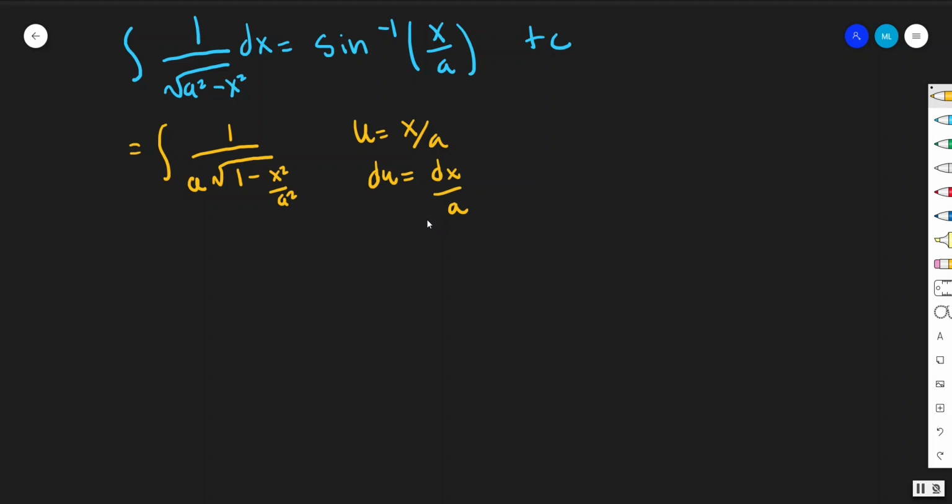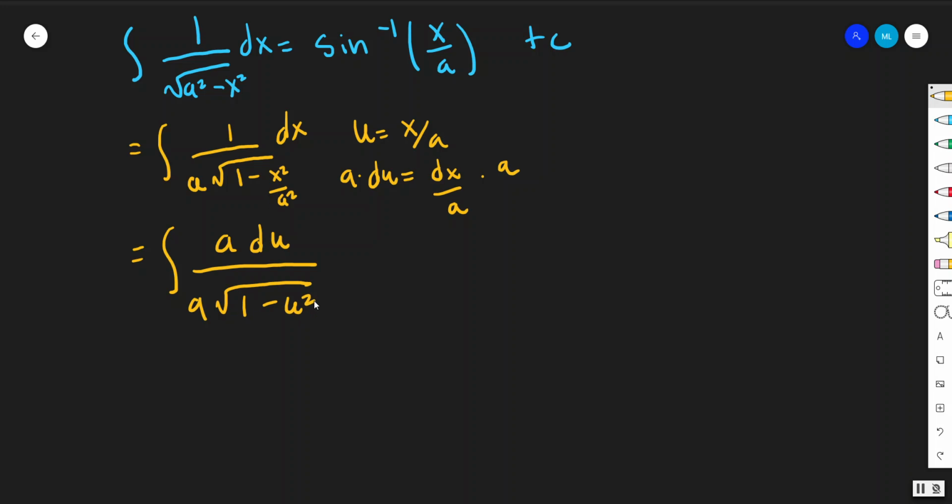From there, you would just multiply by a on both sides. And when you rewrite this integral, you have the integral of, and let's put a dx there because I forgot it, du divided by a, and then you have the square root of, note that that's just going to be 1 minus u squared.